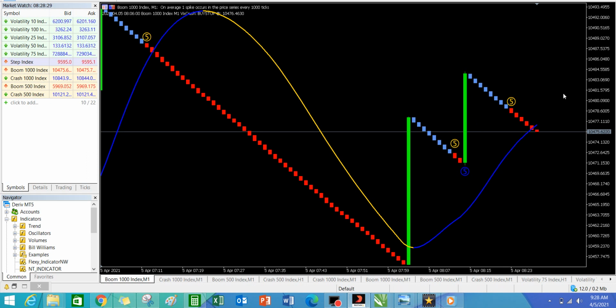You can see it spiked up on this. It is possible for us to experience another spike around this region, and if it breaks out from this successfully, then this blue line will change from blue to yellow color.